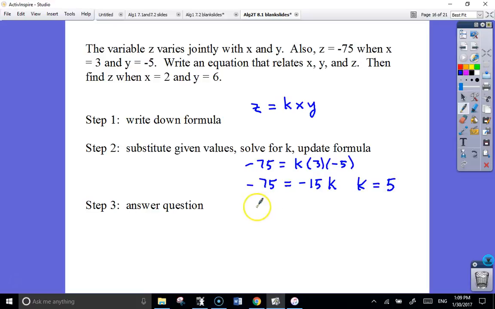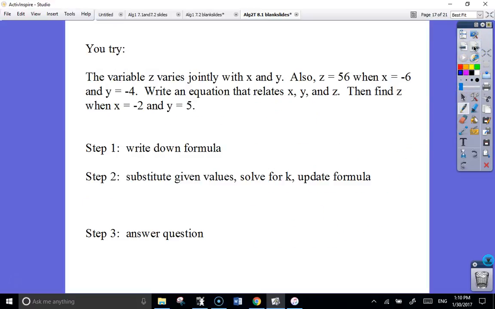So we can update our variation now. Z equals 5XY. And then we can go back and answer the last question. Find Z when X is 2 and Y is 6. So try that one.